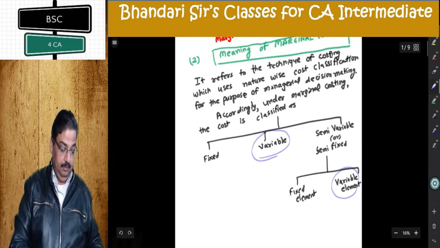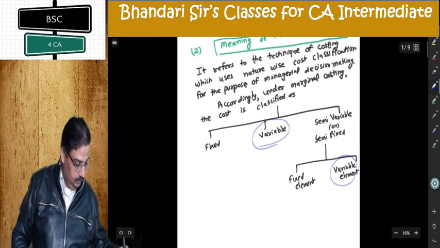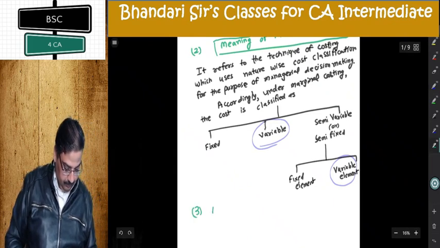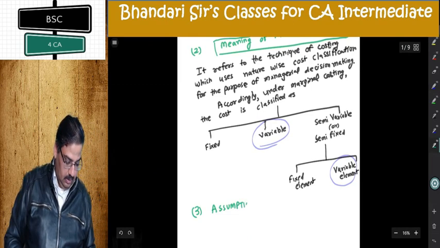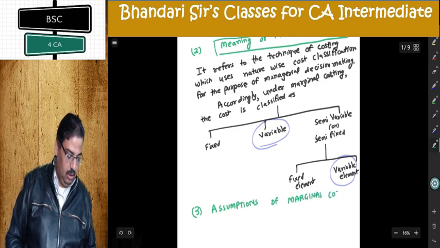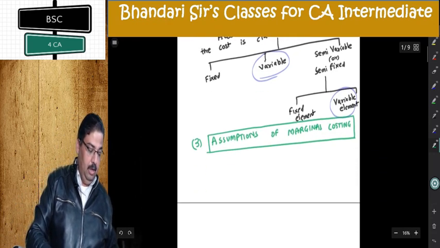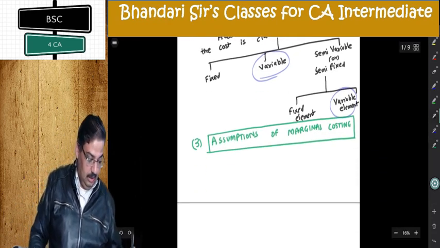Third point here. Point number 3. Assumptions of marginal costing. Very simple two assumptions are there in marginal costing.